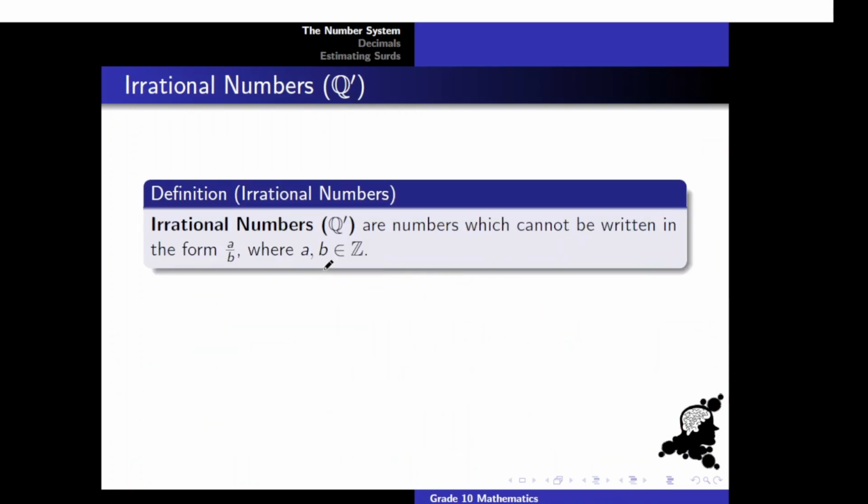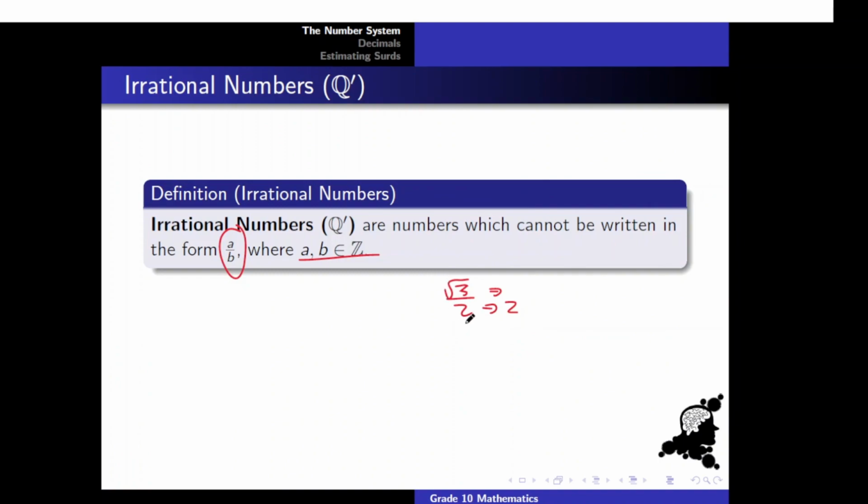We've got irrational numbers now. Irrational numbers are numbers which cannot be written as a fraction with both numerator and denominator being integers. As I've mentioned earlier, the square root of 3 over 2 is an example of an irrational number. Why? Because my denominator is an integer, but my numerator is not an integer.